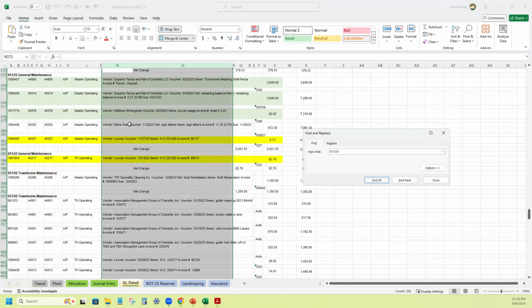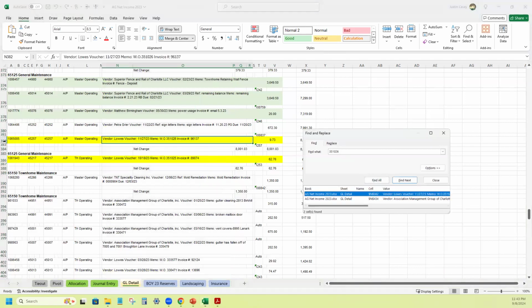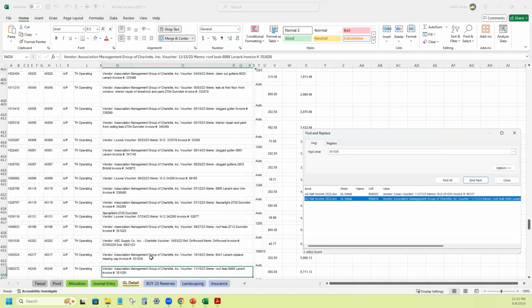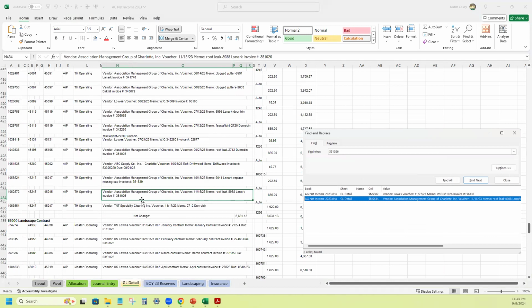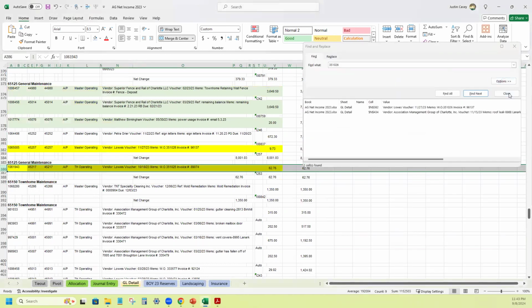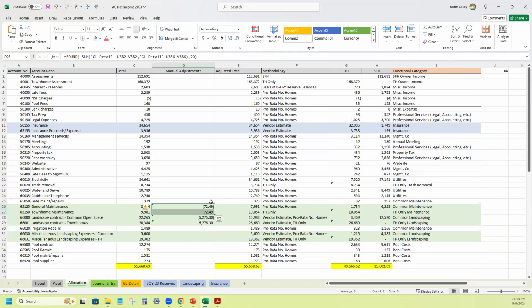So it looks like what actually happened is the purchase of something at Lowe's got coded to general maintenance, but the other part of the work order got coded to townhome maintenance, like a roof leak. So all of that had to go to townhome maintenance, but they accounted for the Lowe's vouchers in the general maintenance section. So little things like that will come up, but that's why we took those two amounts of $72 and made an adjustment there.